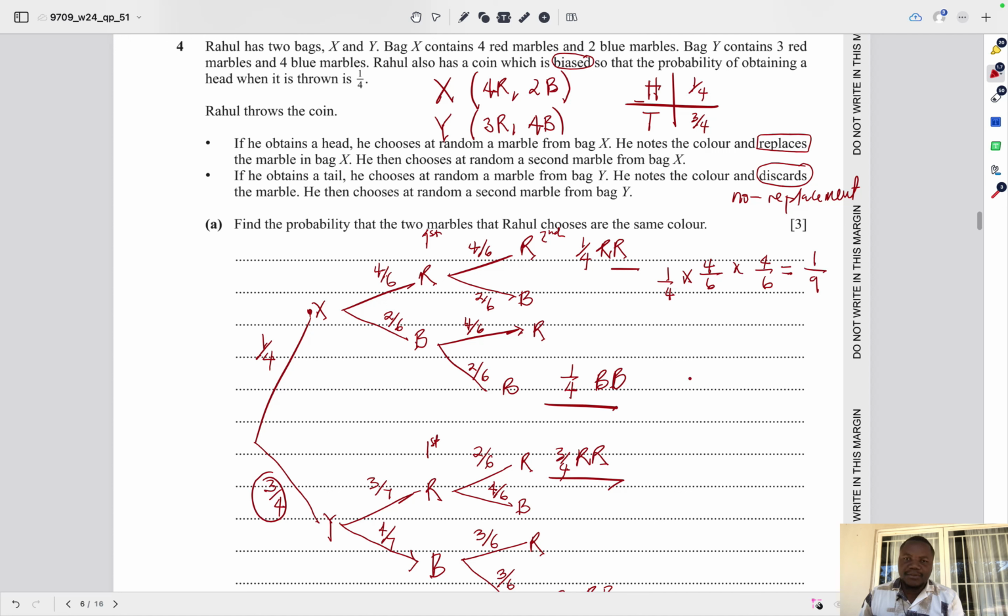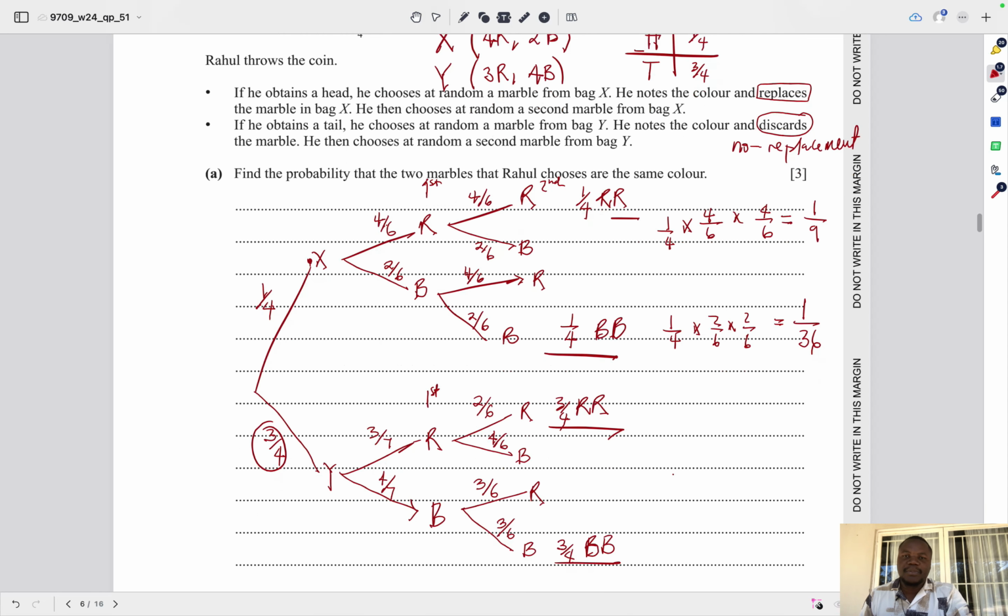Okay, then for this one I'm going to have 1/4 times blue means 2/6 times 2/6. Okay, whatever that is going to give me, just using your calculator, 1/4 times 2/6 times again 2/6, which is going to give us 1/36. So this gives me 1/36.